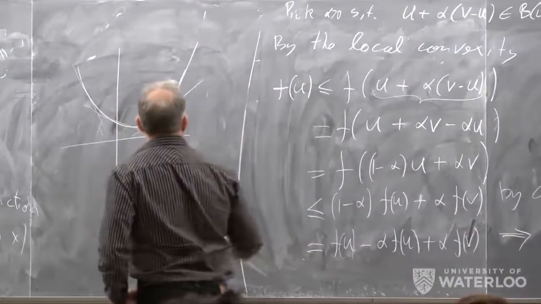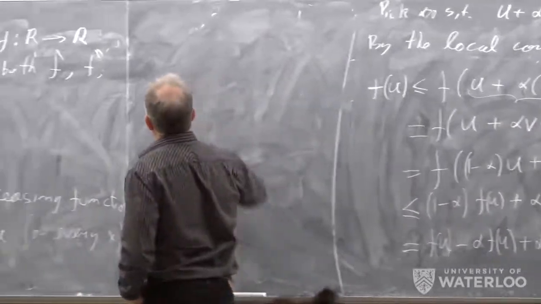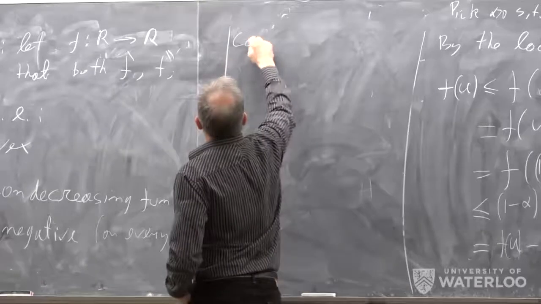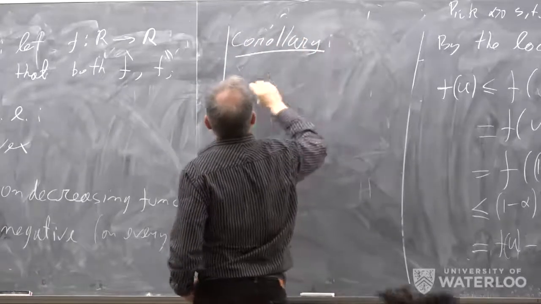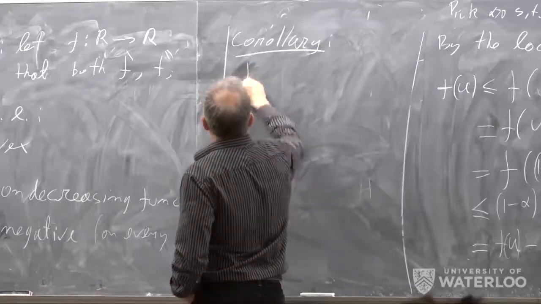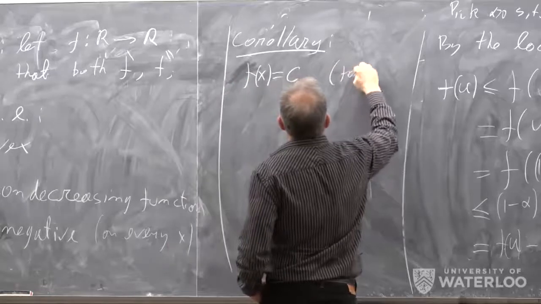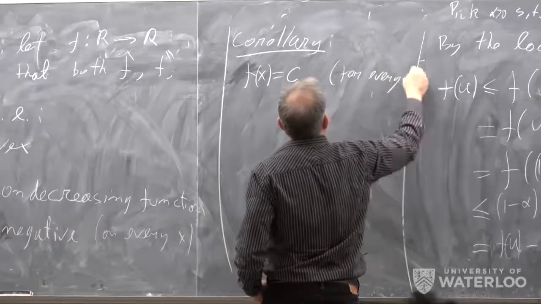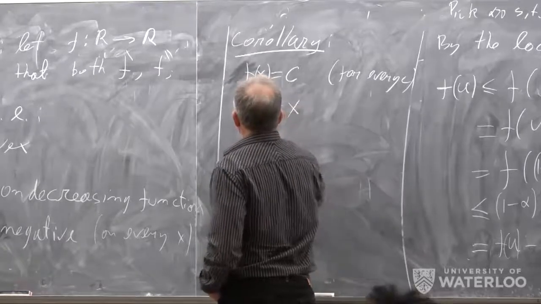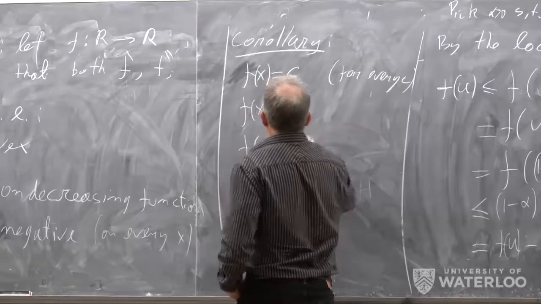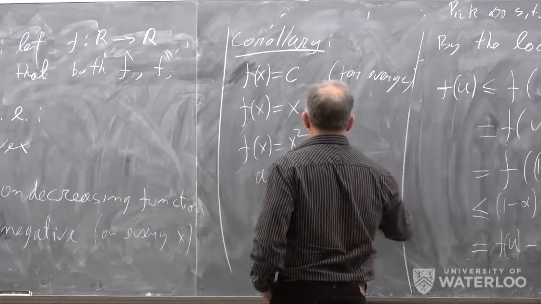So we can already conclude things that we already know. Corollary: the functions f of x equals c for every constant c, f of x equals x, f of x equals x squared are all convex.